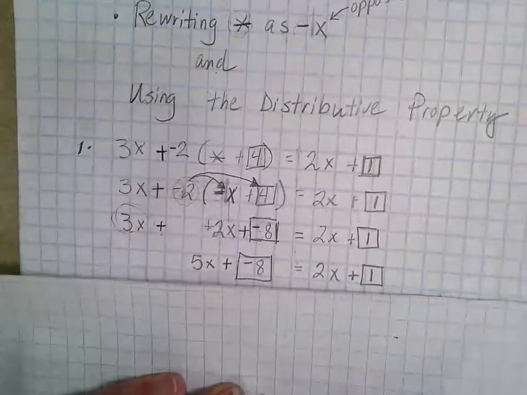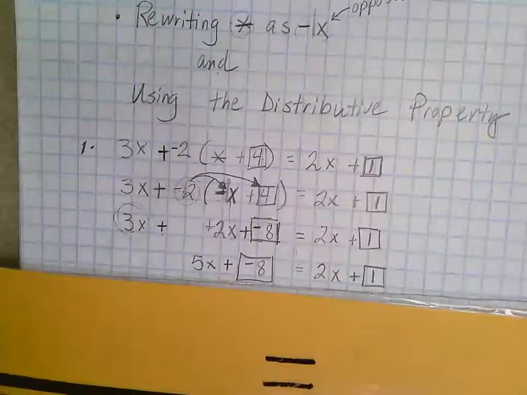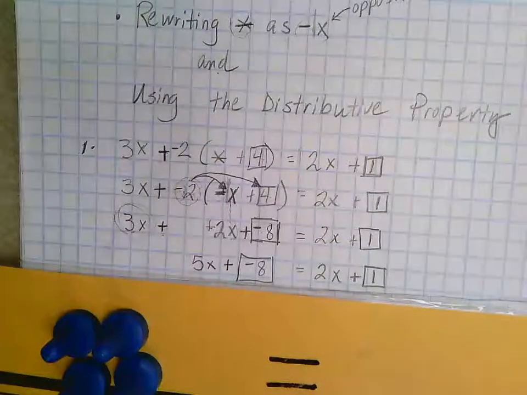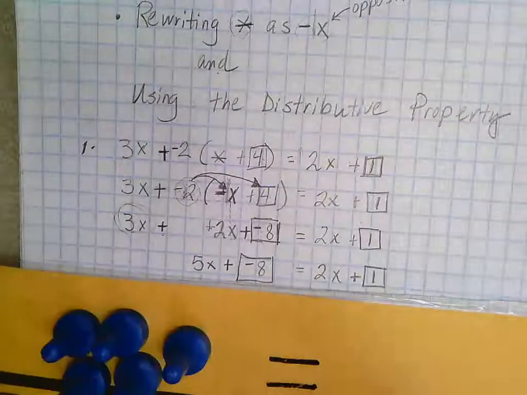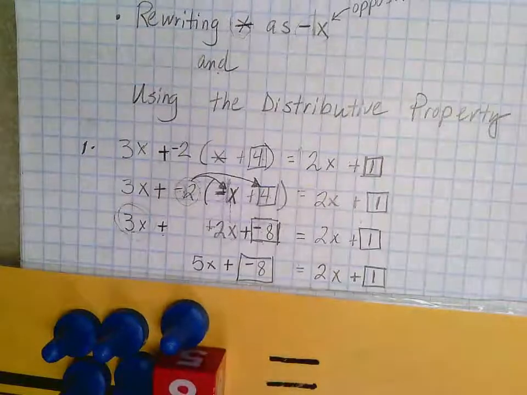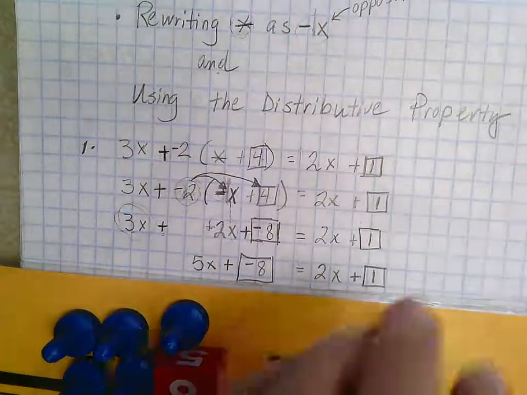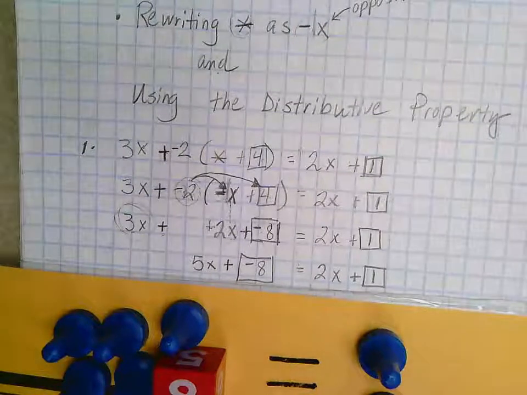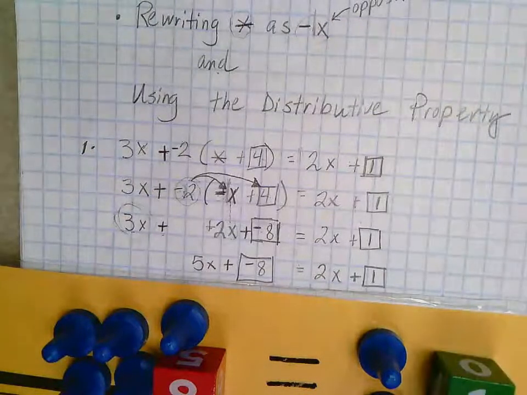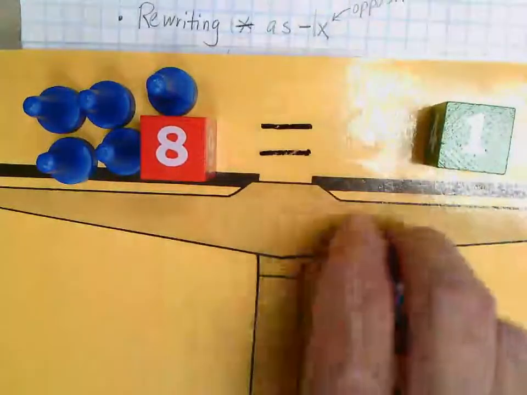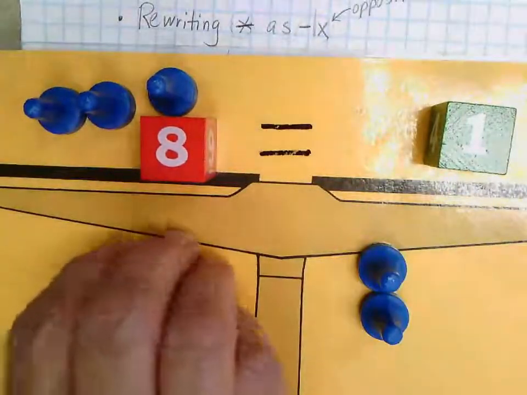So now I'm ready to set this up on my board. I have 5 blue pawns and a -8 block, and on the other side I have 2 blue pawns and a 1 block. Start on the side with the least number of pawns, pull those down, pull the same number down on the other side.